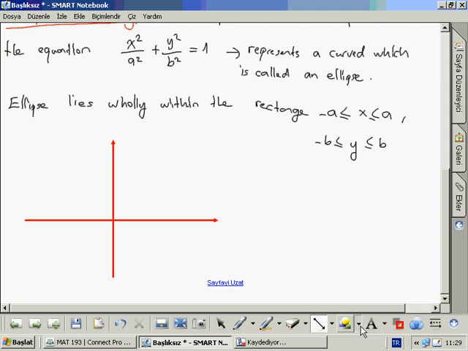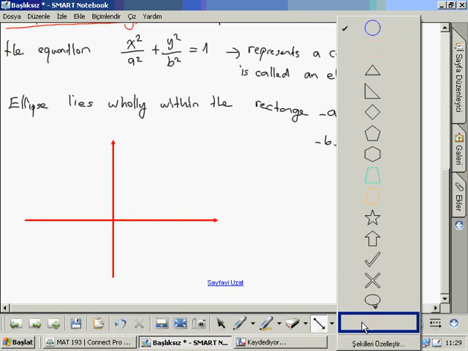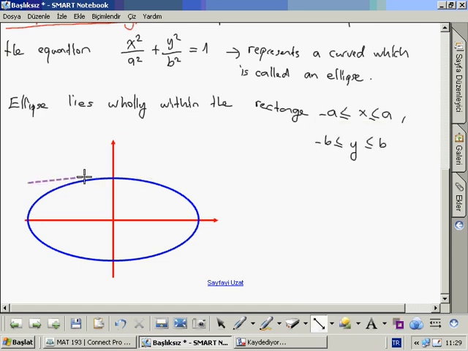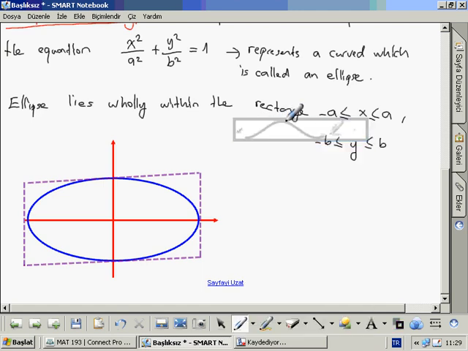For example, it has a rectangle like that, and these points are plus b, a, minus b, minus a.